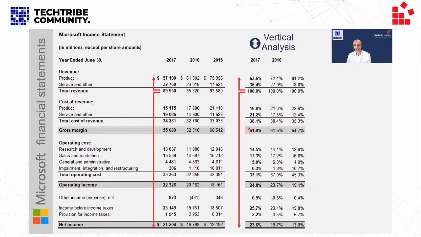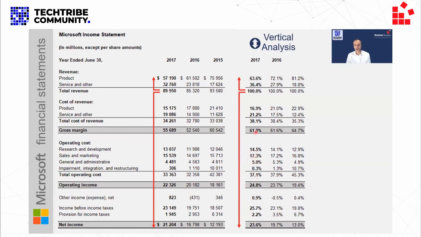If we look at the cost of the revenue, we see how much of the cost was for products, how much for services. We can also see proportionally in terms of operating cost how much of the revenue is spent on it. Research and development, they spend about 15% of their income on R&D. They spend about 17% on sales and marketing, and so forth.